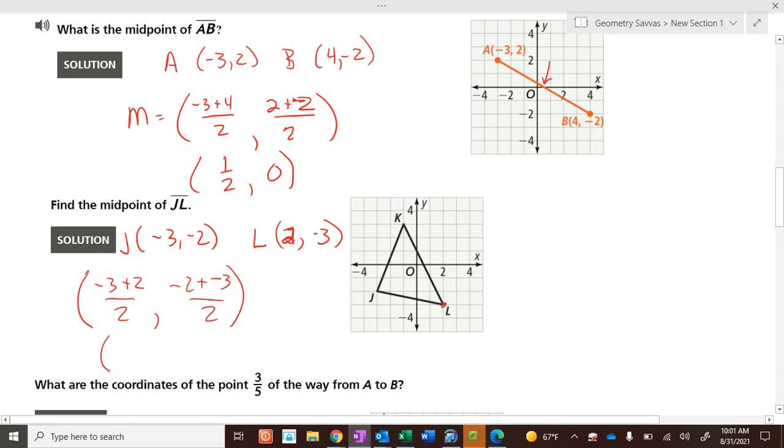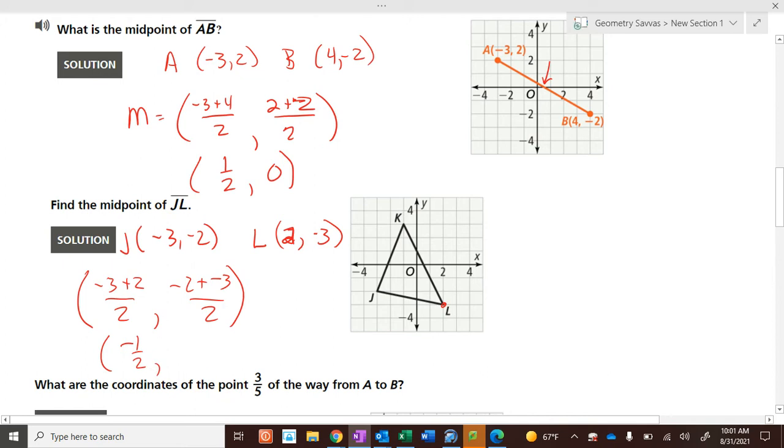So Chase Sturwald, what do you get for an x value? Not 1/2. Negative. -1/2.